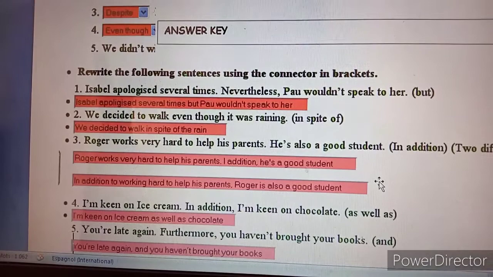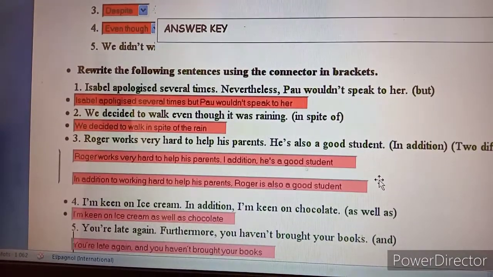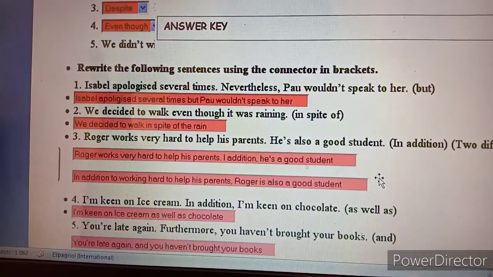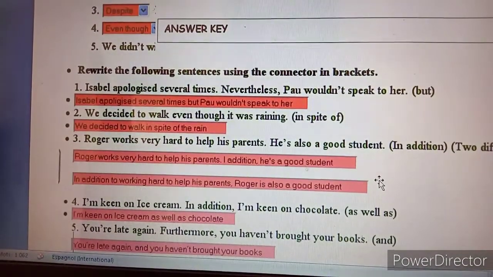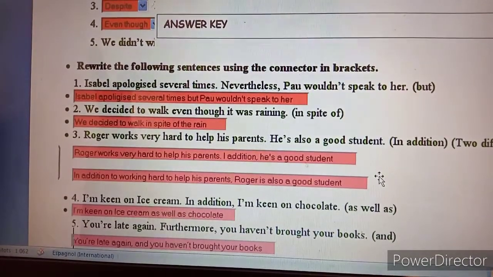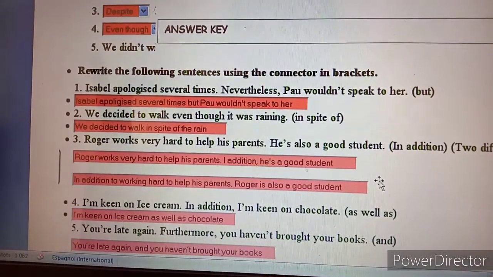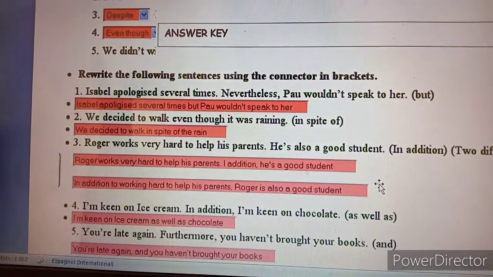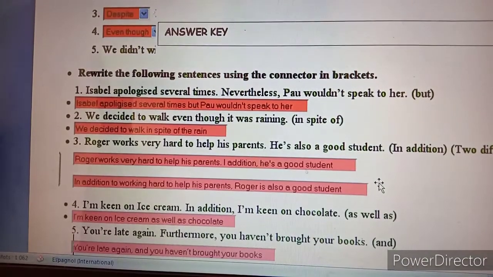Clear? The second exercise, we decided to walk even though it was raining. Here, in spite of, we will put it instead of even though.